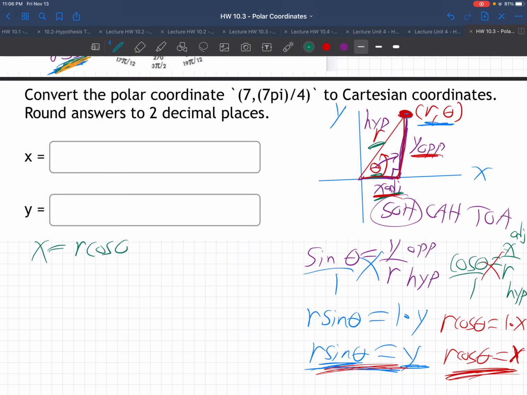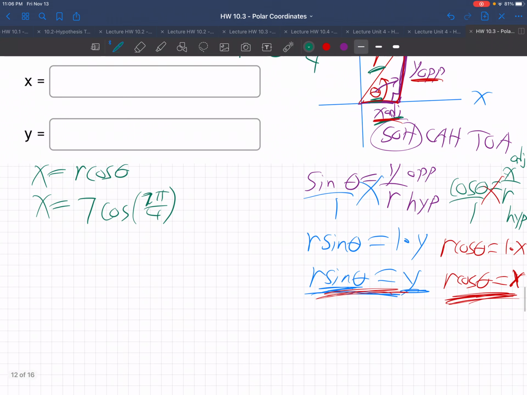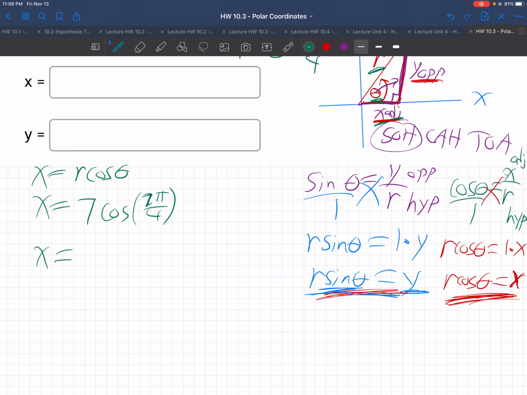So x is r cos theta. r is the 7, the theta angle is 7 pi over 4, so it's going to be 7 times cosine of 7 pi over 4. So what is the cosine of 7 pi over 4?